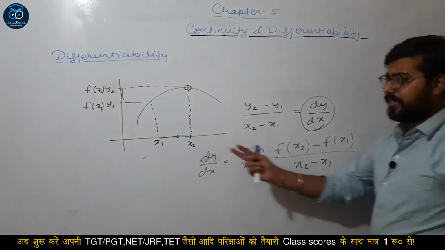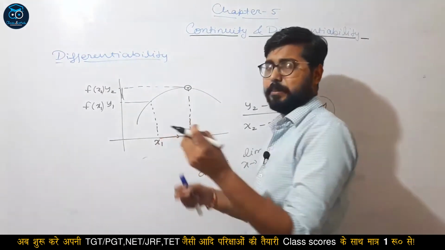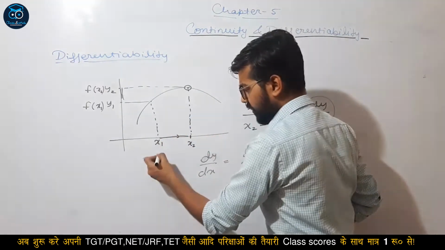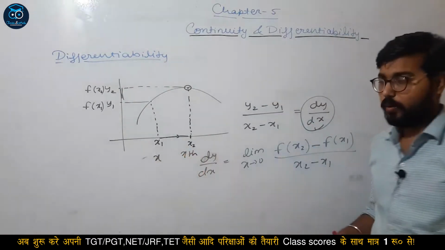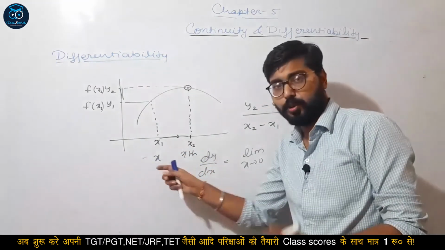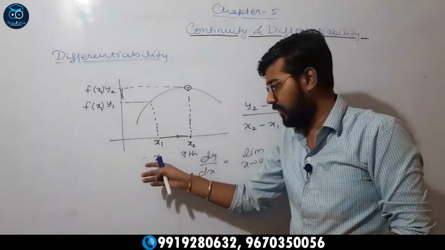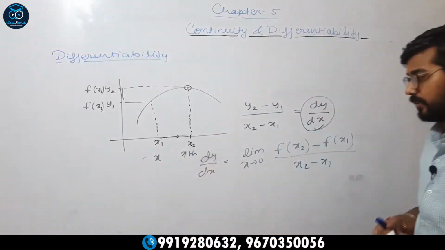If we write it in a simple way in x and y terms, then we can write this as x and this as x plus h. Why x plus h? Because here we have to add something to x. So we get the value x plus h.